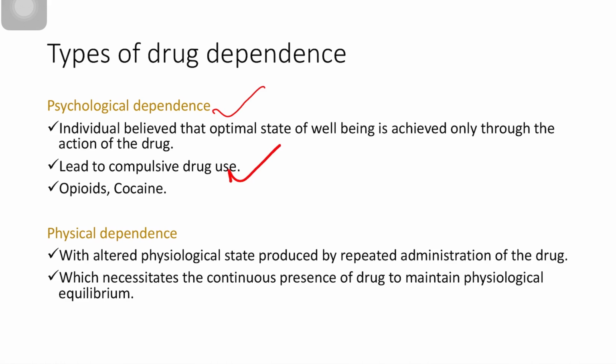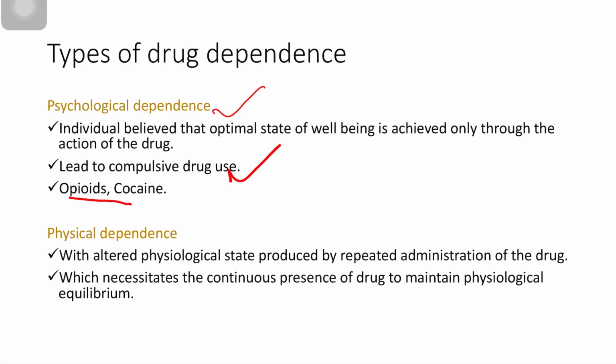For example, some person might think that I need to take this medicine to work, and that is called psychological dependence. So for better working I need to take that medicine. For example, opioids and cocaine.